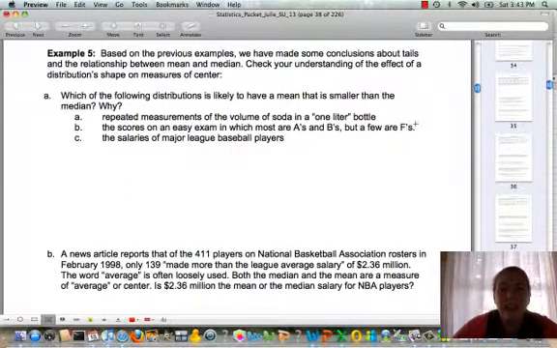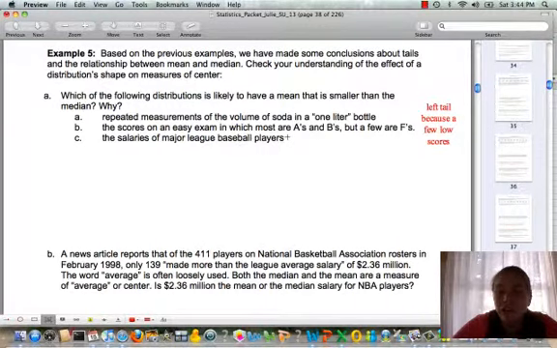If mostly A's and B's, then the scores are going to be higher, and a few F's are pulling it down. So this is going to have what we call a left tail because there are going to be a few low scores.